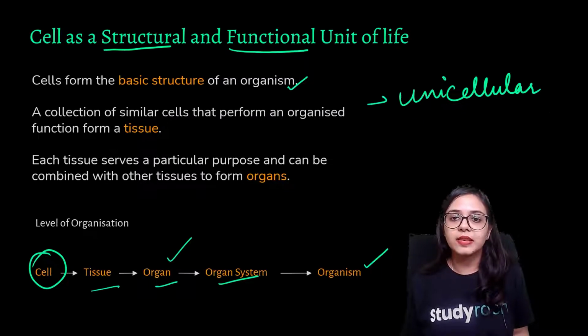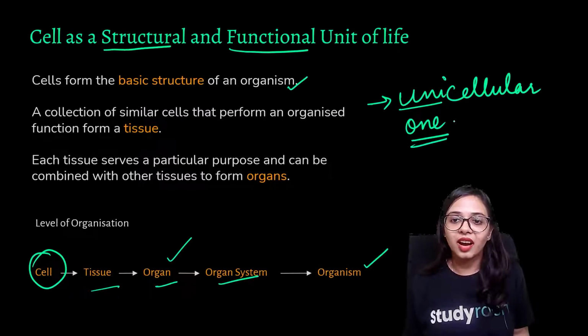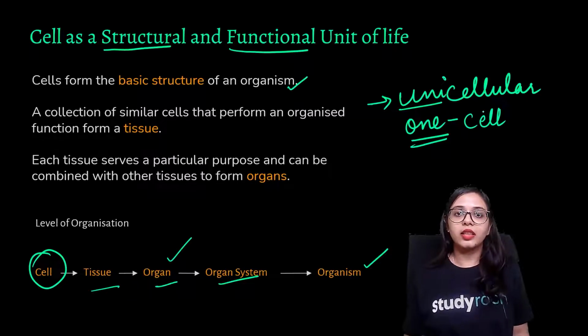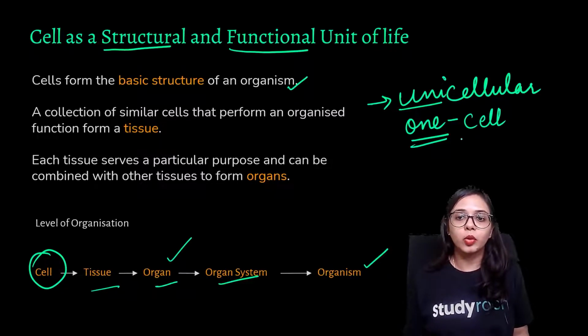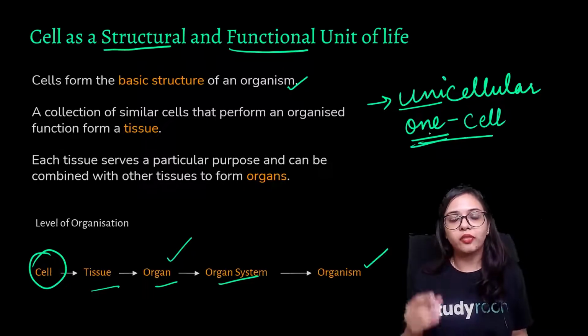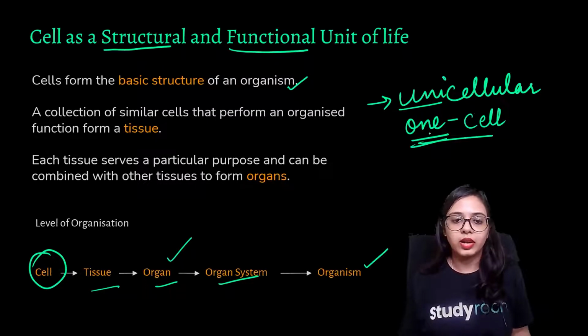This entity is just made up of one cell. Yes, there are some creatures whose survival, whose existence depends on only one cell. Only one cell carries all the functions of that particular organism. All right, we'll be learning about them, don't worry.